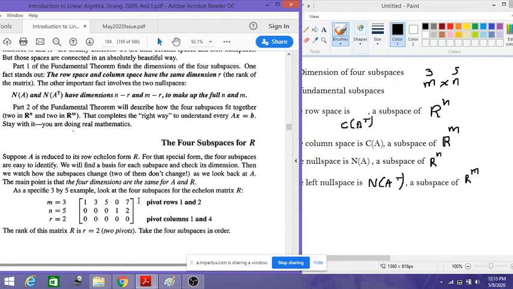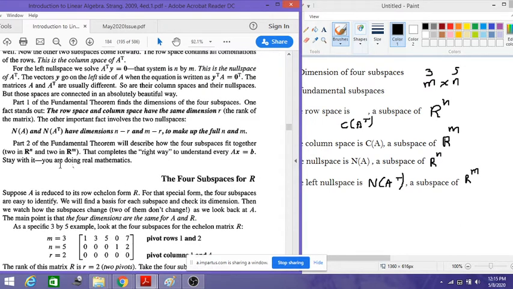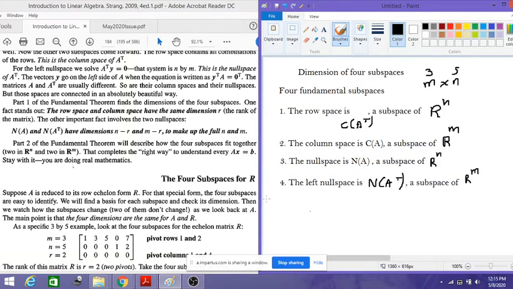Now we'll take one example to understand. But before going to that, there is one point. The null space of A and the null space of A transpose have dimensions, so we'll talk about their dimensions quickly. The null space N of A has dimension D given by n minus r.